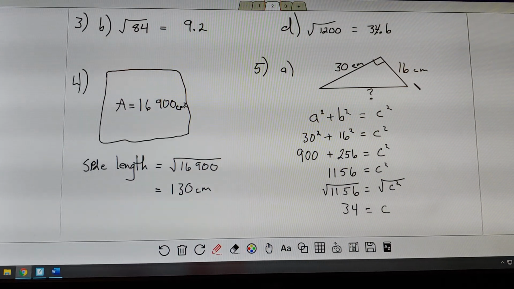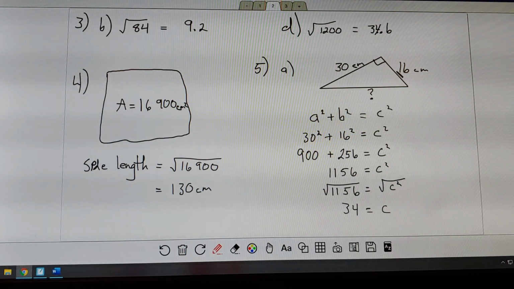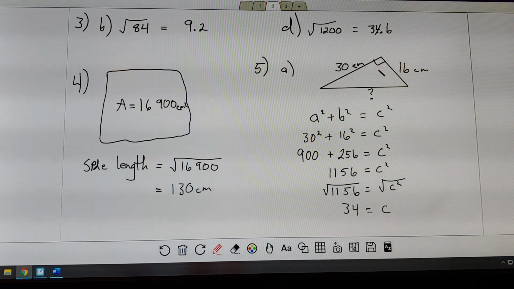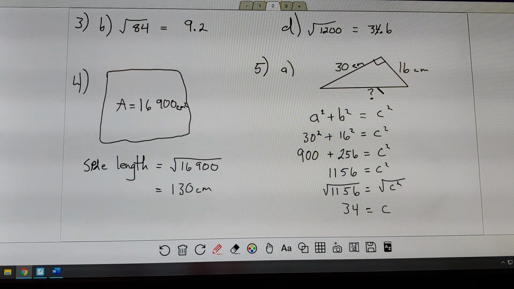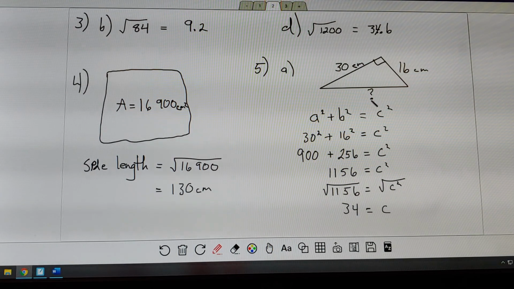The only real challenge is, which side is missing, A, B, or C. Remember that A and B are the sides that touch the 90-degree angle. They're the short ones. C is the longest side, and it's diagonally opposite that 90-degree angle. It doesn't matter which of these 2 you label A and B. This side must be C, otherwise it doesn't work. So clearly it's C that's missing.